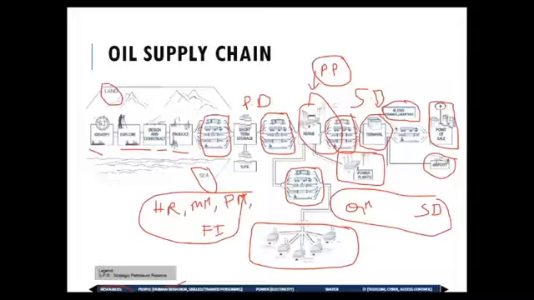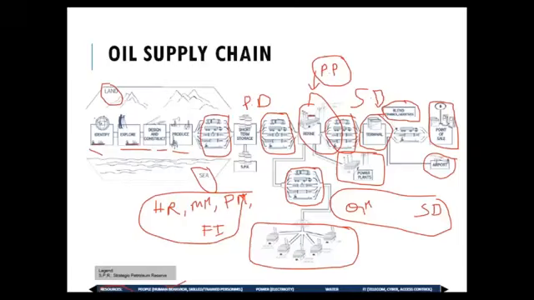So what happened is SAP has come up with a new solution that they have built upon these basic core modules. They use these core modules HR, MM, PM, FI, QM, SD, and on this they have built a solution for these industries. That's the reason why we call it IS.